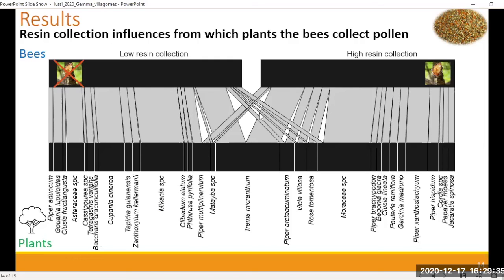Even though there is some overlap in the plants they visit, we can see a real difference in the visited plants. Somehow the high resin collectors go for different plants than the low resin collectors. Now I'm analyzing the habitat of these plants, whether they have different habitats, or maybe it's the pollen, or if these plants maybe produce resin. So we want to ask these questions.